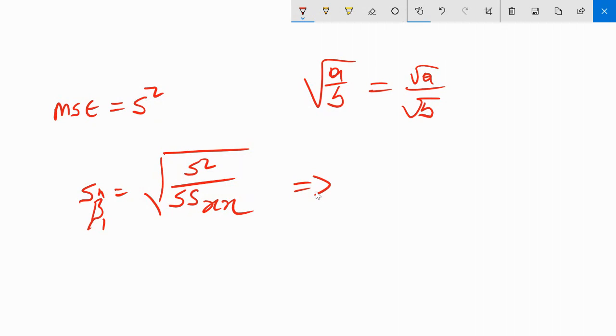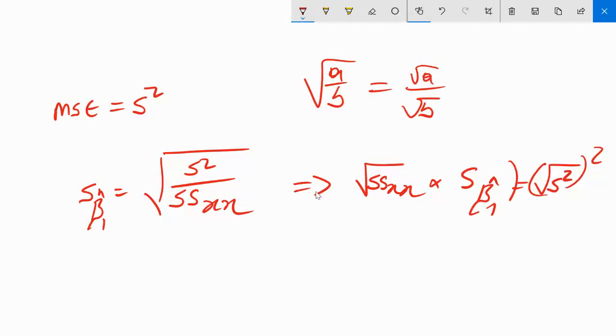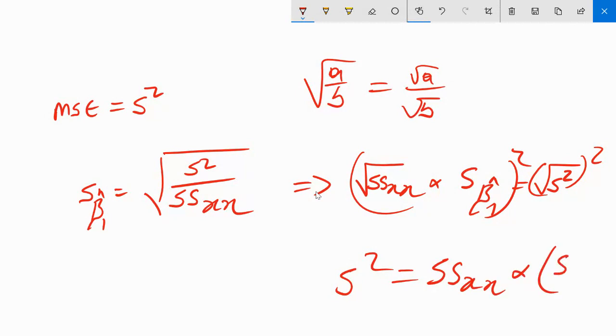If we do that, it means the square root of SSXX multiplied by S beta 1 hat is equal to the square root of S squared. So if we square this side, we'll get our S squared to be SSXX multiplied by S beta 1 hat squared.